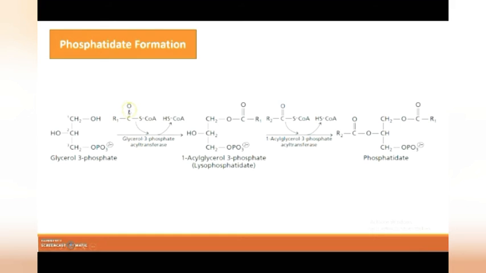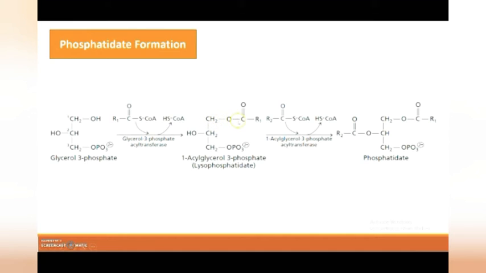First, the O here will attack, so the charge is positive. Then the O here will attach to the carbonyl. Because the O here will have 3 legs, it will release the H. And then the C here, because it has 5 legs, it will release the SCoA. And then it will form 1-acylglycerol 3-phosphate here.